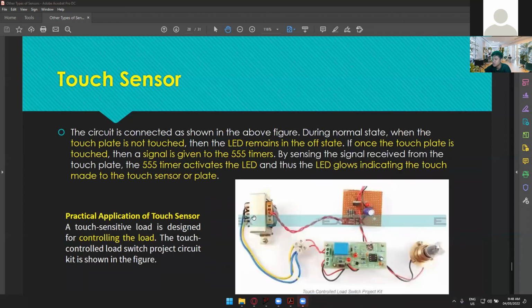So basically, once the touch plate is touched, the signal is given to the 555 timer. Then, by sensing the signal received from the touch plate, the 555 timer activates the LED. And the LED glow indicates that a touch was made to the touch sensor or plate.